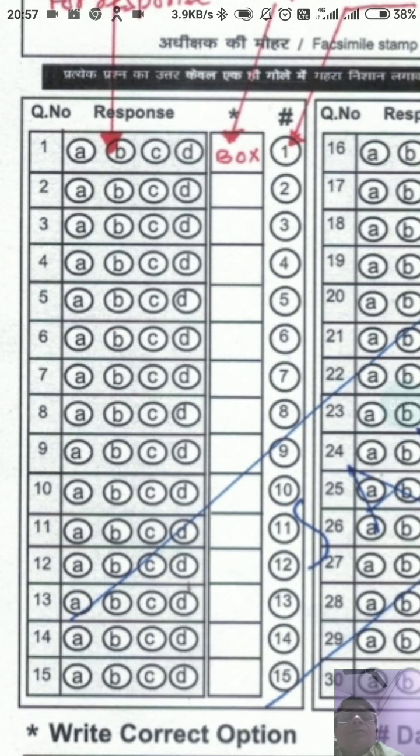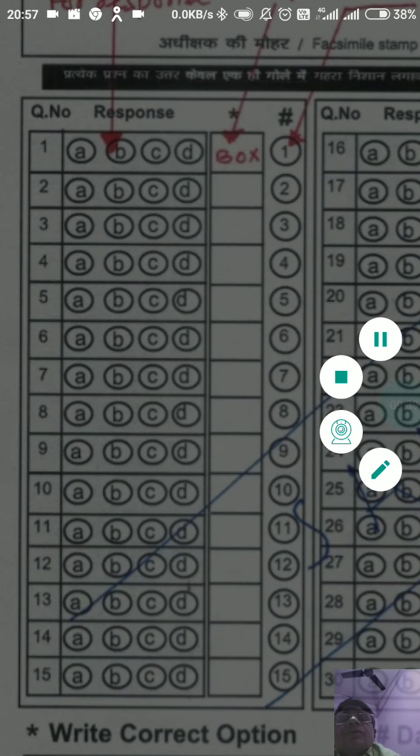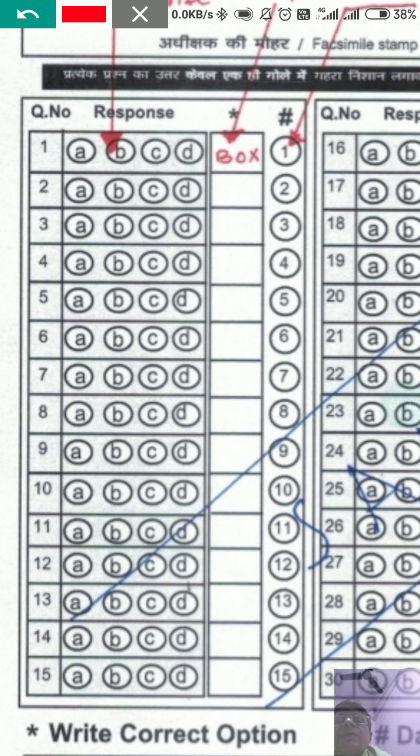Now how to respond? Suppose for question number 5, you understand that the correct answer is B. So you need to darken B, not in red color please, in blue color or black color with ballpoint pen only.